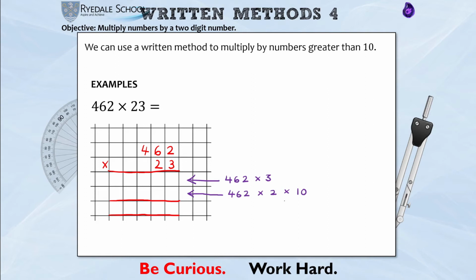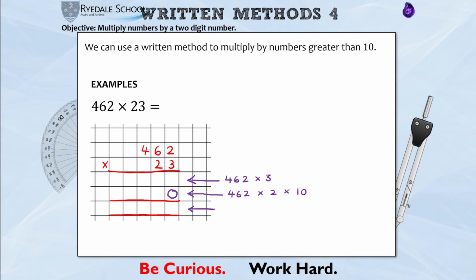So in essence, what we do here is we're going to do 462 times 2, and we know that when we times a number by 10, it shifts all the digits one place bigger. So in order to do that, I'm going to put a 0, something that Alfie might refer to as a placeholder, a 0 in that column. I normally call that the magic 0. So never forget the magic 0.